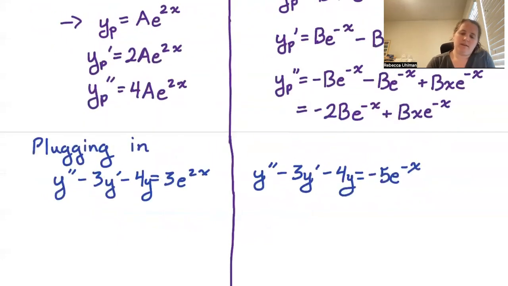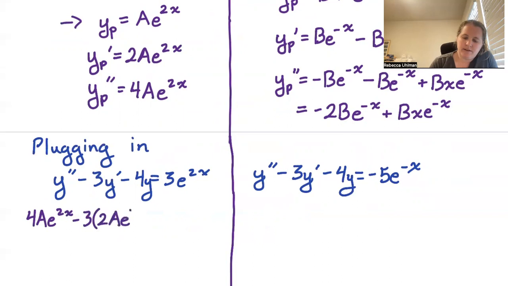So plugging in on the left-hand side, we are looking at 4a e to the 2x minus 3 times 2a e to the 2x minus 4 times a e to the 2x, hoping this is equal to 3e to the 2x.